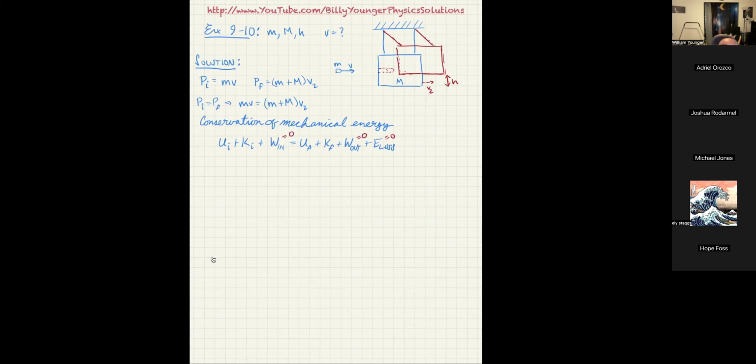And we're going to call the zero of potential energy basically the initial position. So potential energy is initially zero, which I can write like that. And then at the peak of its height, the kinetic energy is going to become zero, so I put a zero there as well. So this gives me just 1/2 m v squared is equal to (m plus M) times g times h.